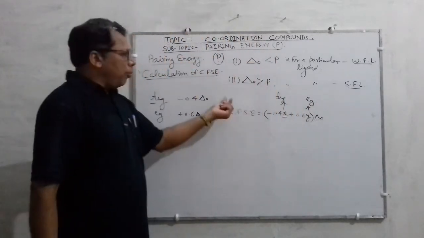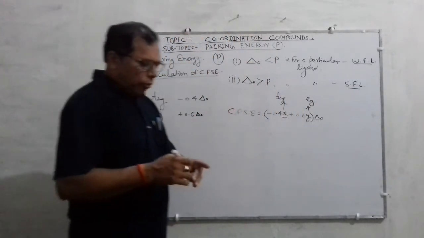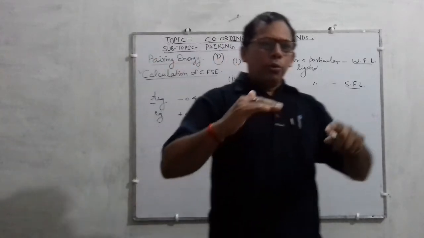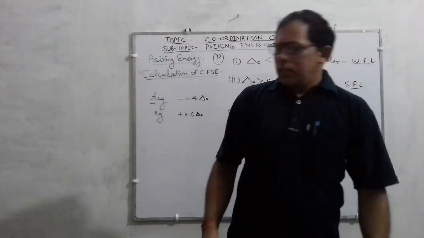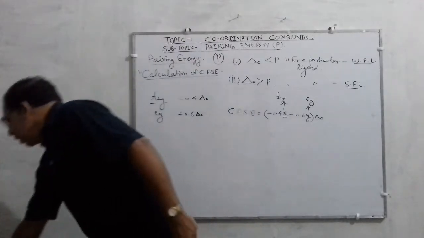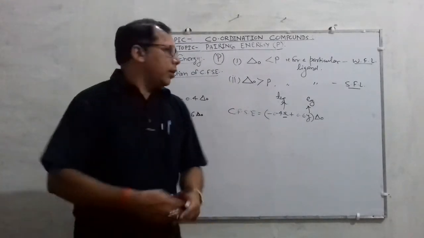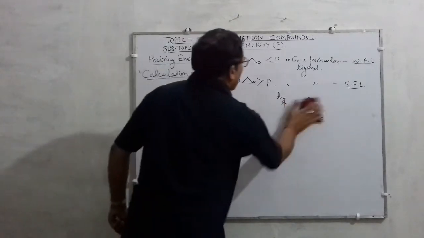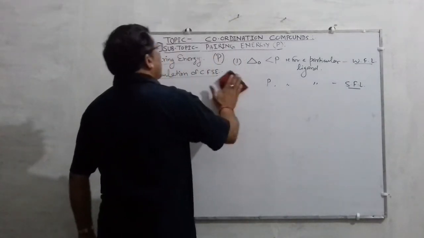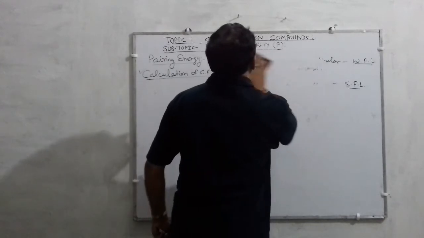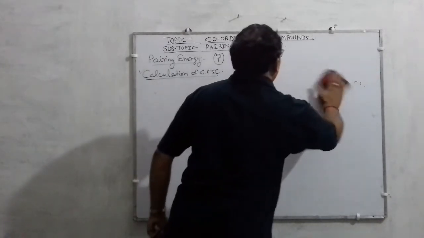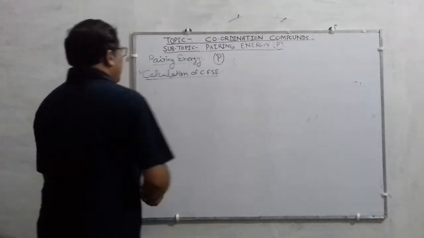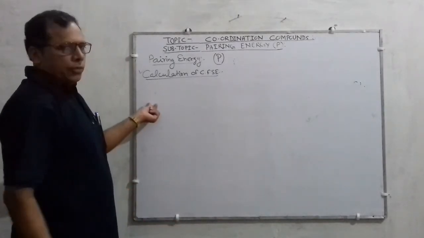So keeping this point in mind, now we are in a position to calculate the crystal field splitting energy in different d orbitals. That can be calculated by constructing a simple table which consists of the following columns.